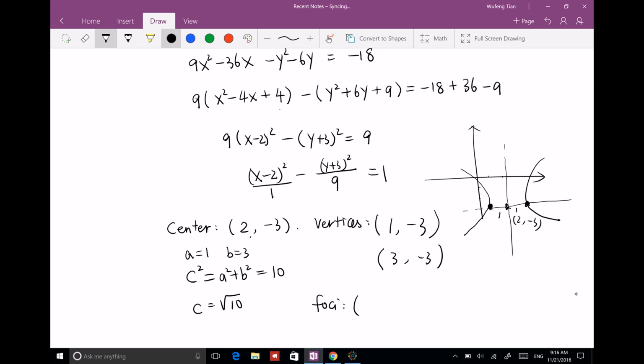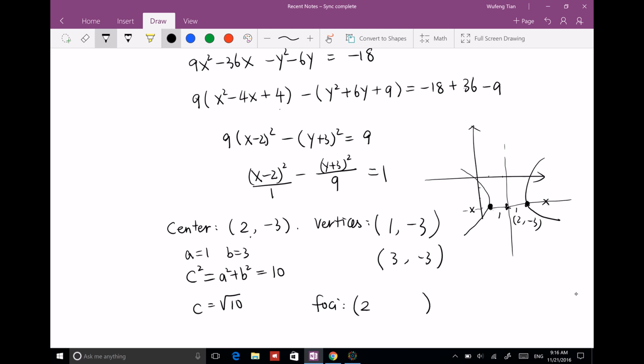Once I have c is square root of 10, now the foci is here. You look at the foci, it has the same what value? The foci and the center have the exact same y values, right?